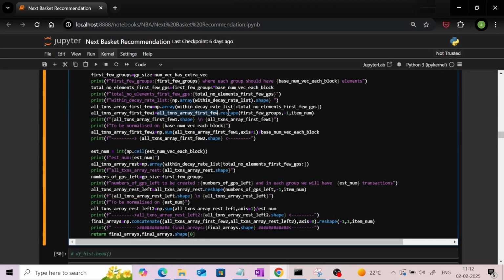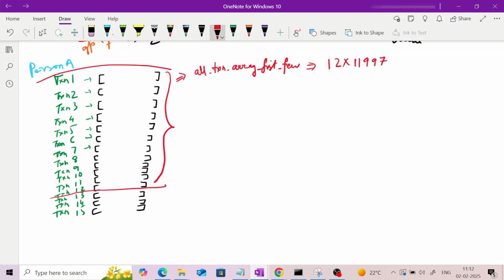So what we are doing over here, again, we are calling this same array, all transactions, and we are using the numpy reshape function, and we are passing three different parameters over here.